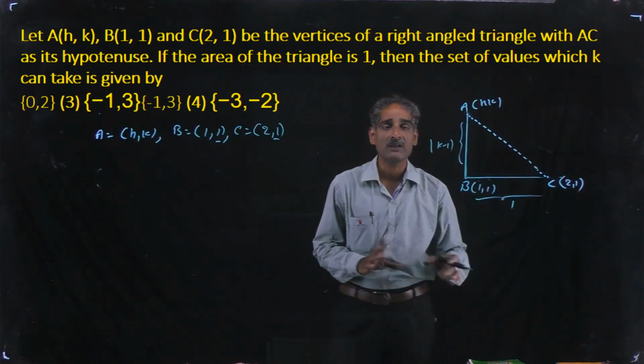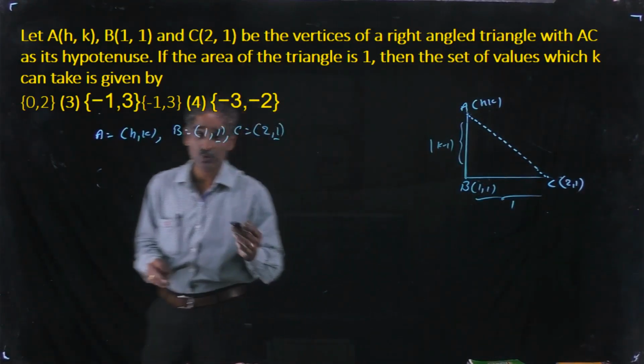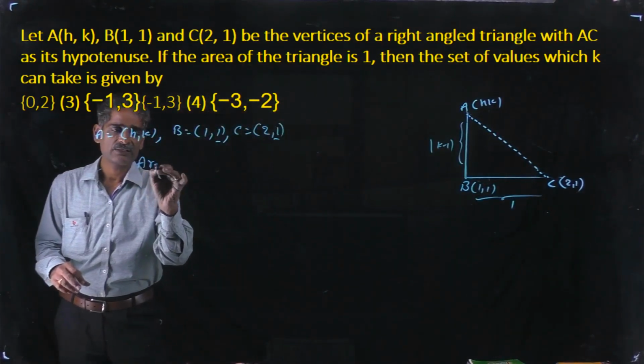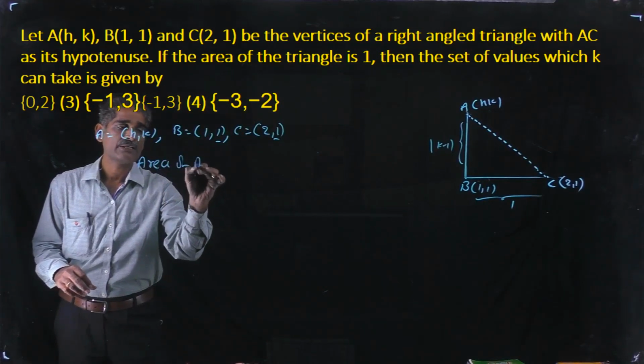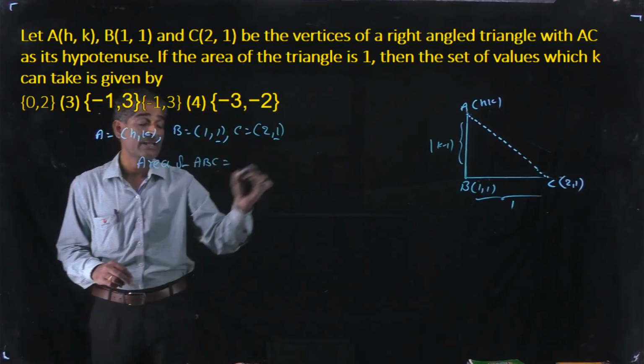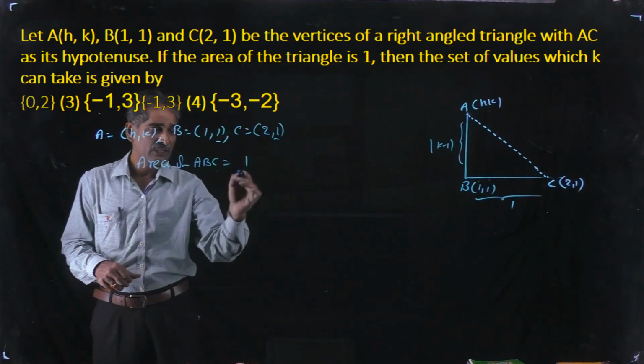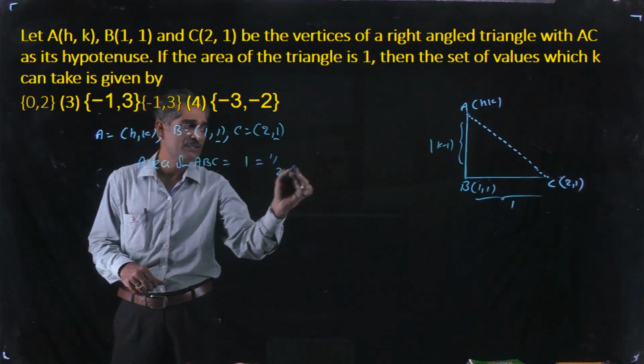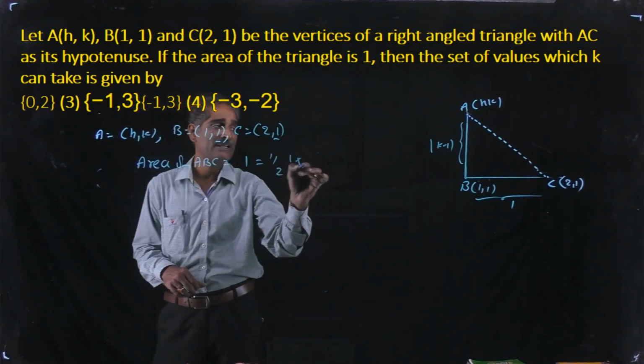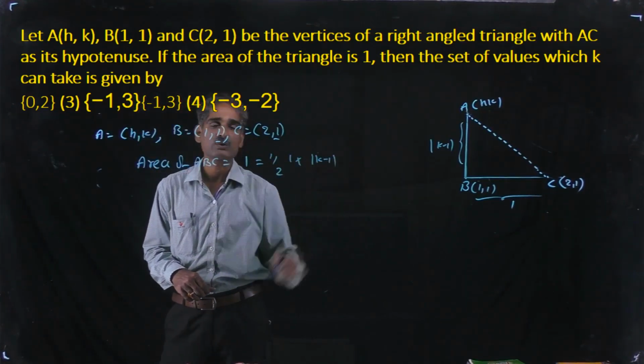BC length is 1. We are given that the area of triangle ABC is equal to 1 square unit. That means this is equal to half into base into height, half into 1 into mod k minus 1.